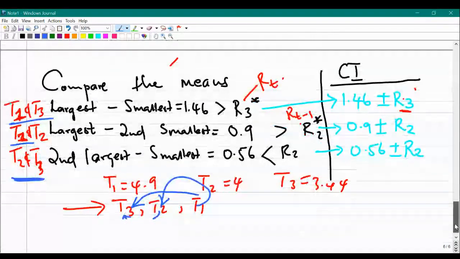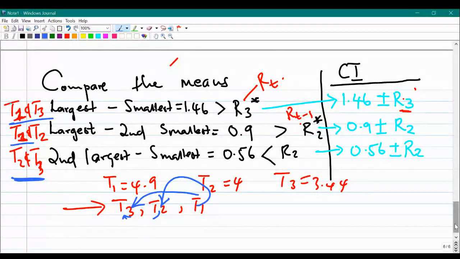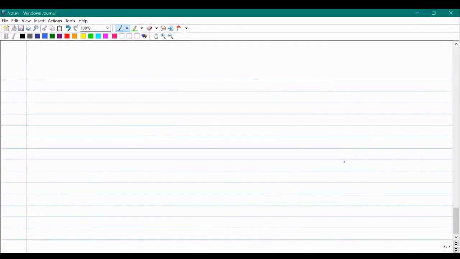So the procedure: when you compare the means, where do you stop? Do you carry on saying RT minus 1? Maybe if we have 5, when you compare the means, where do we stop? So it means you have R5.